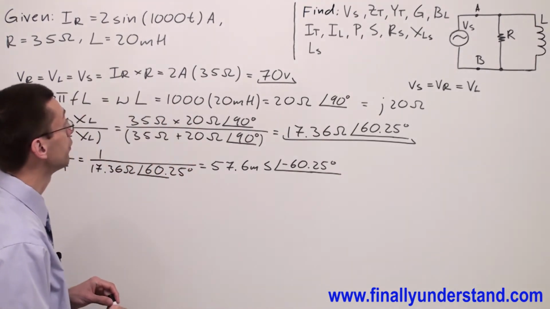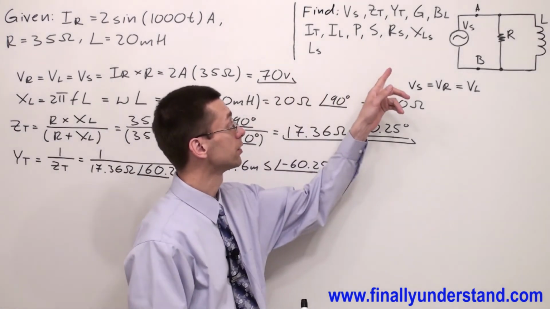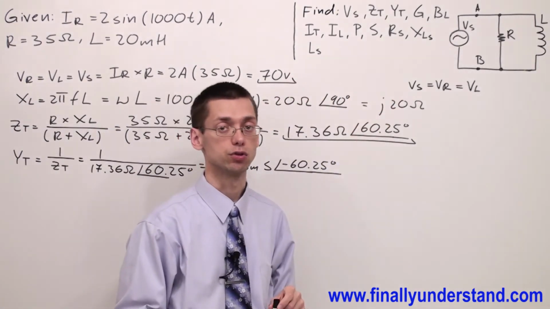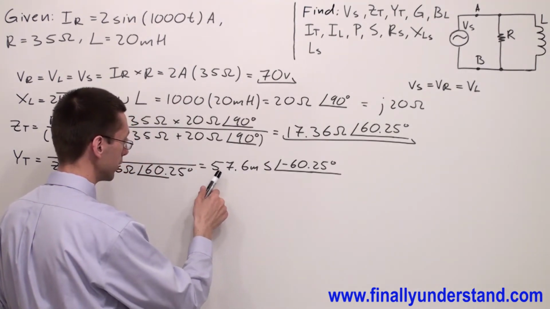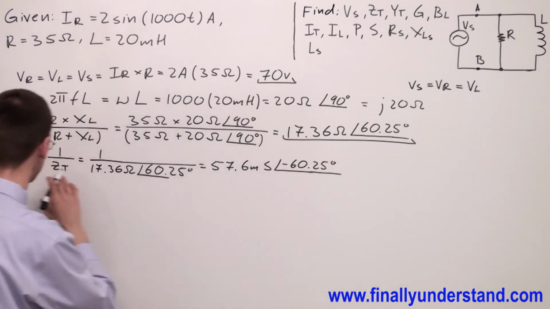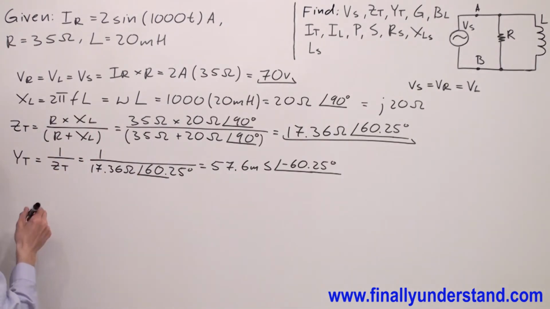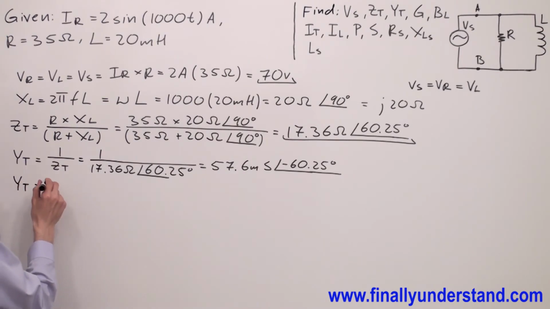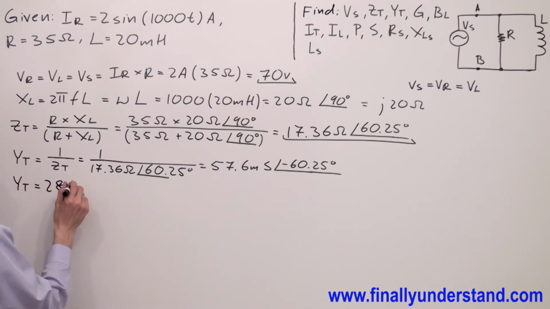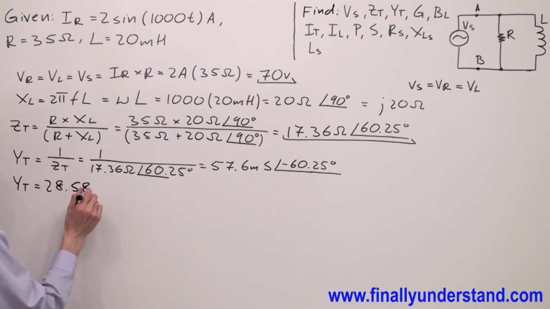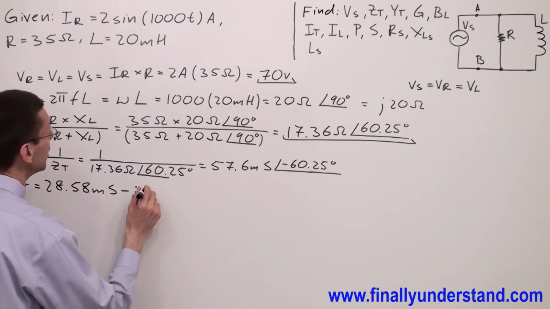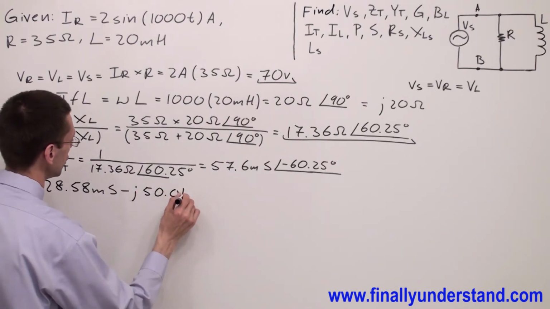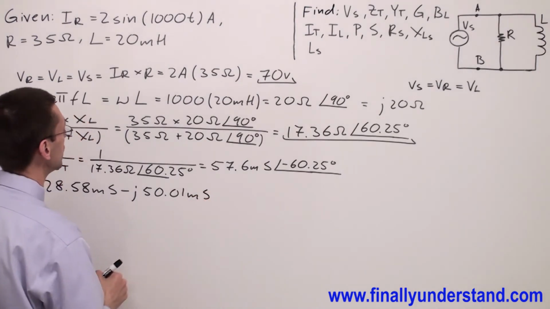Next, we have to find the conductance and inductive susceptance. In order to do so, I'm supposed to convert the polar form of my total admittance to rectangular. So if you convert it, you are going to have Y total equals 28.58 millisiemens minus J 50.01 millisiemens.